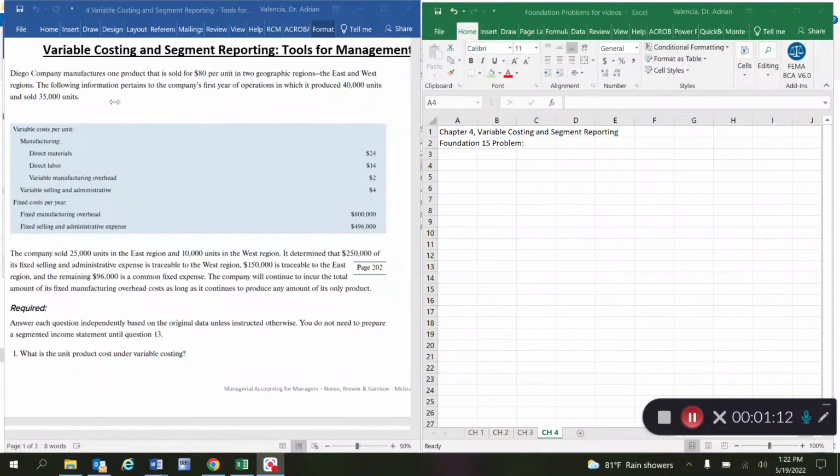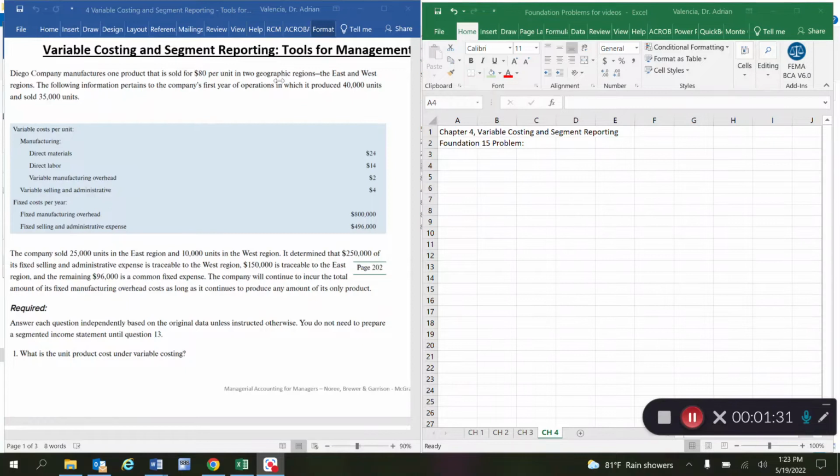The following information pertains to the company's first year of operations, in which it produced 40,000 units and sold 35,000 units. So at the core of some of the issues with absorption costing is the idea that if at any point in time you produce more than you sell, like we're seeing right here, here we're producing 40,000 units, but we're only selling 35,000 units.